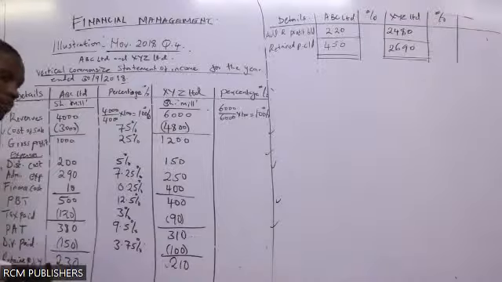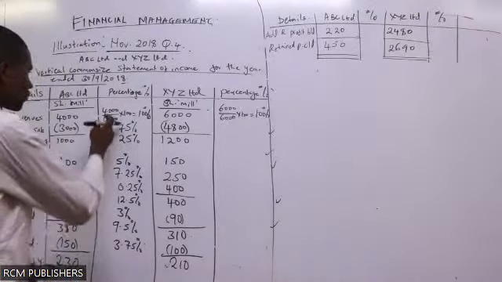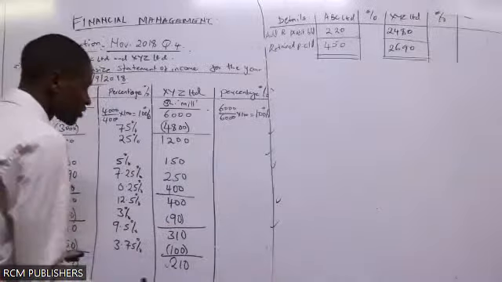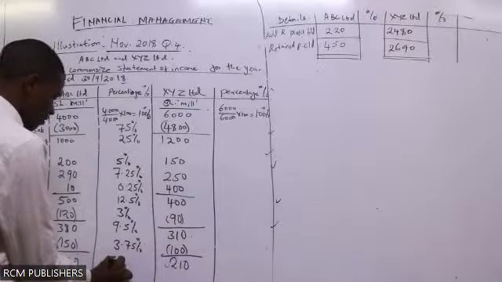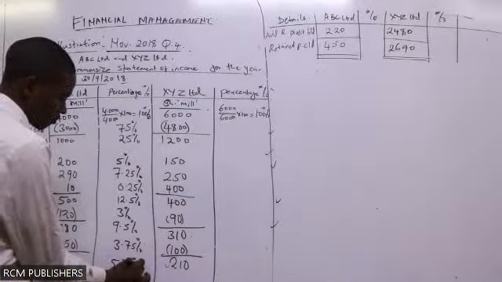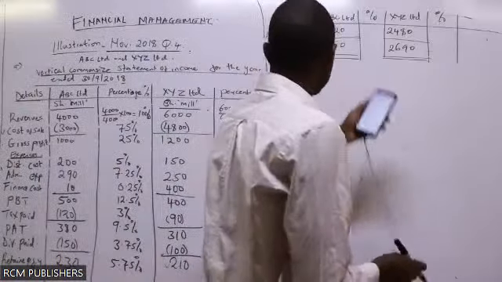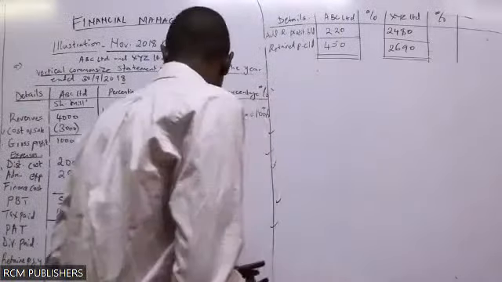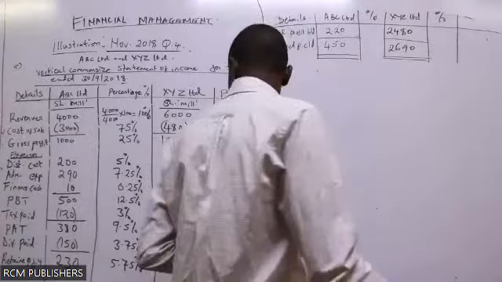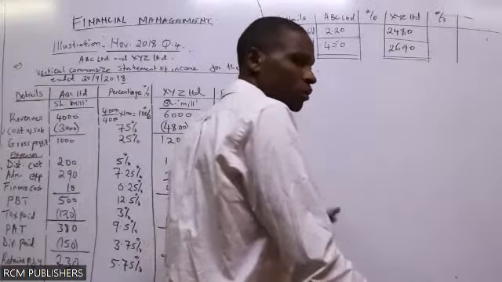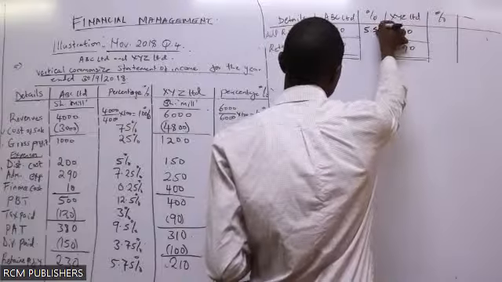Let's move to retained profit. Retained profit ilikuwa ngapi? Percentage ngapi? 230 over 4,000 times 100 is 5.75%. Then 220, of course, itakuwa around there. Maybe 4.9 ama ngapi? Itakuwa juu kidogo. 5.5%.